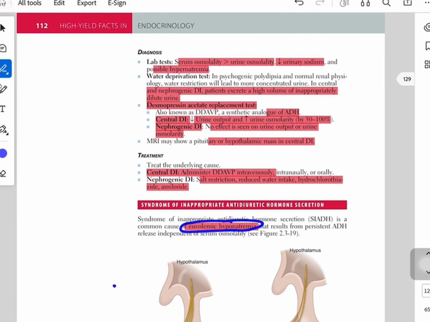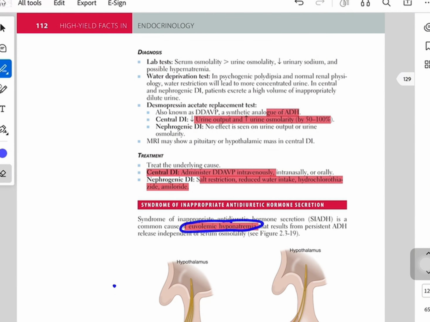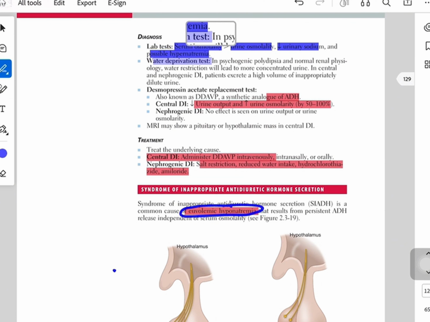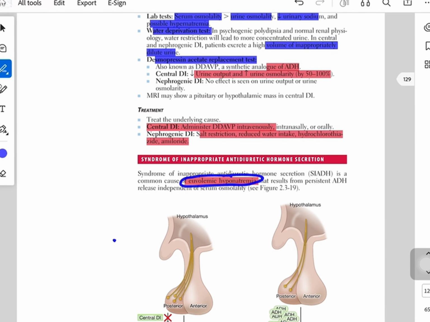Lab tests: serum osmolality will be high, urine osmolality and urinary sodium will be low. I have discussed each and everything in full detail, and hypernatremia as well. The water deprivation test is the first one. Even after the water deprivation test, the person has diluted urine. Then we give desmopressin: if the urine output decreases and urine osmolality is high after giving desmopressin, it means central diabetes insipidus.